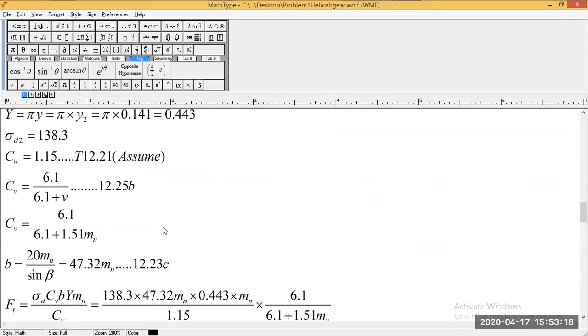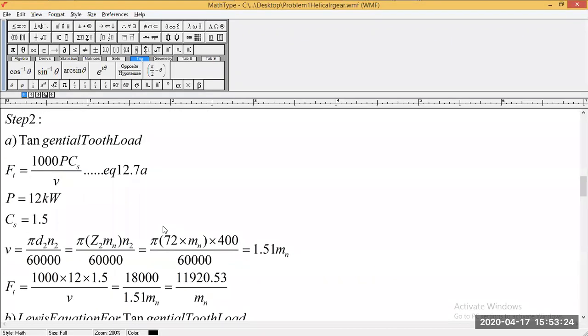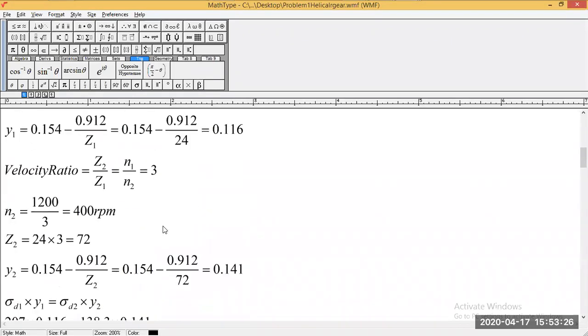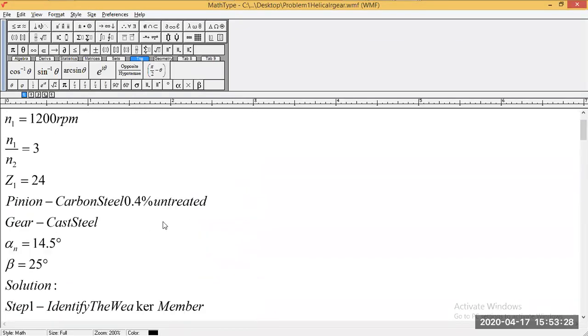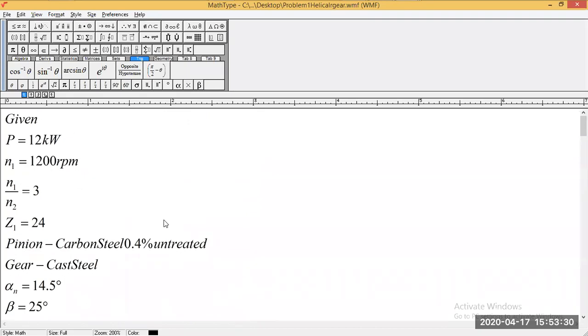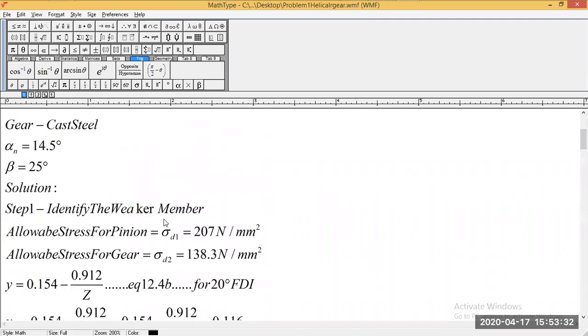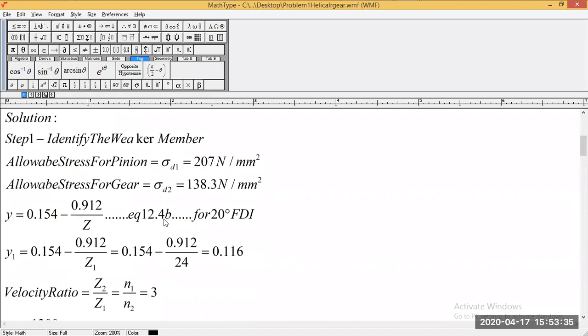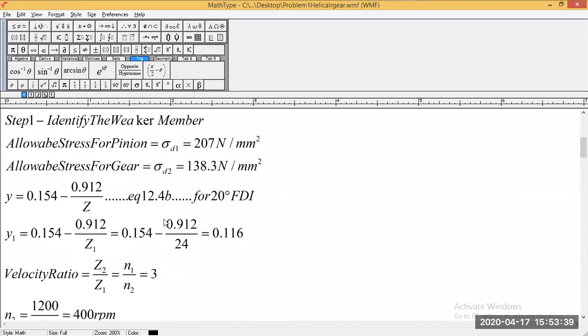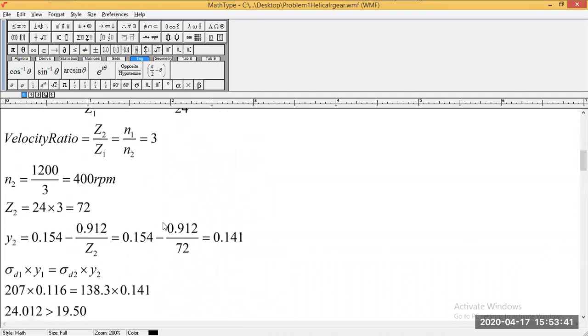Thus, we already solved 3 problems on spur gears and 3 more on helical. We'll cover them by the next class, and should be good to go. So this will be almost a 20 marks problem in the exam. One problem itself will fetch you around 20 marks. And if you're fast enough, you can finish this in half an hour max.